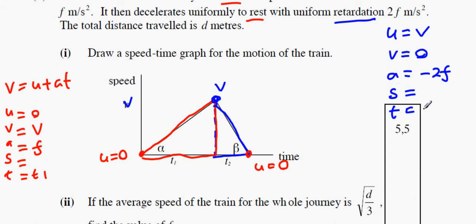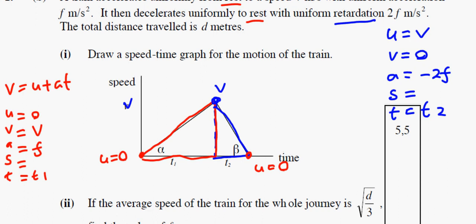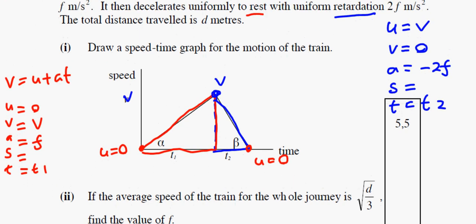Now, you could go through your procedure here, and what you could do is use v equals u plus at, as discussed, and what we could end up getting is this. v equals u plus at, so v equals ft1, okay, and therefore f equals v over t1.